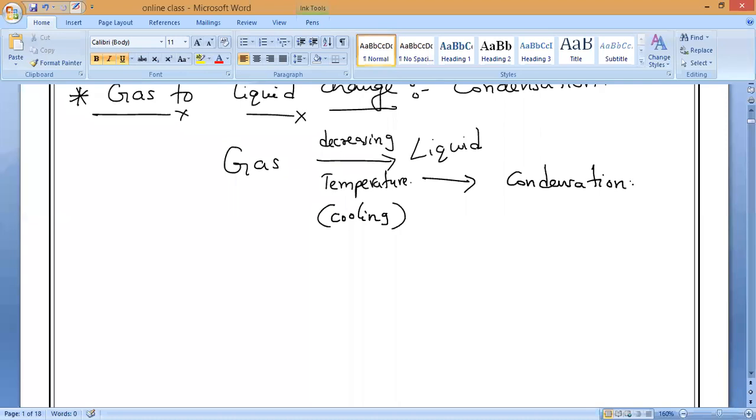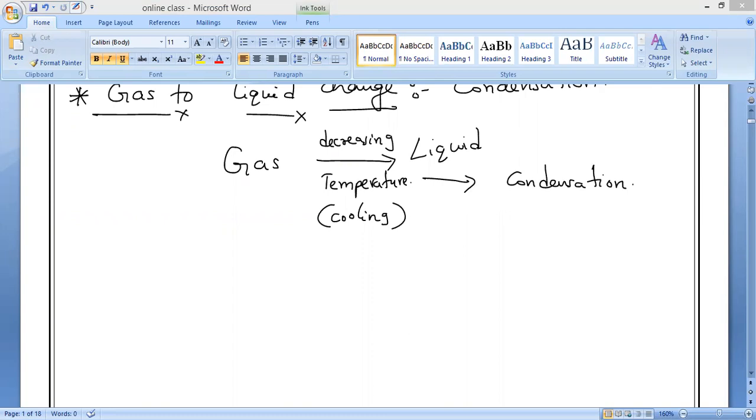Now let us see how we can perform the activity to prove condensation, gas to liquid. In the experimental setup, you can see the process of changing a gas into a liquid by cooling is called condensation.